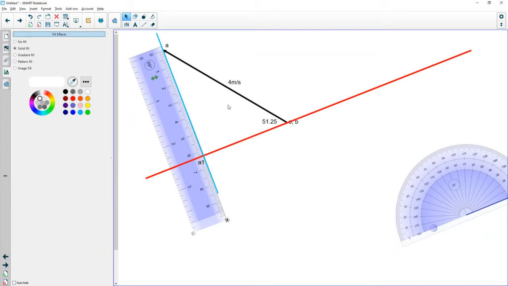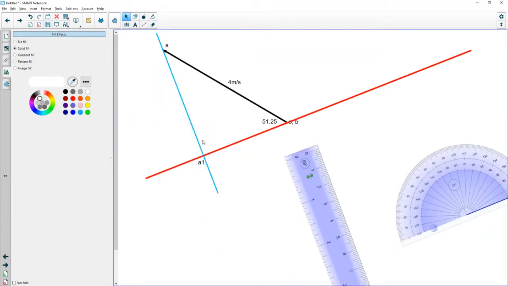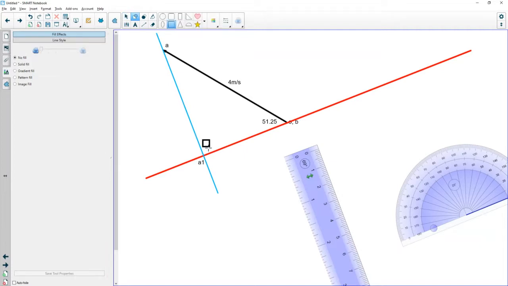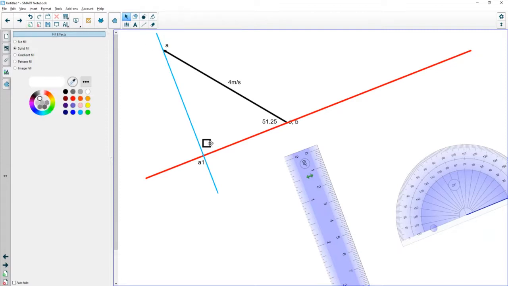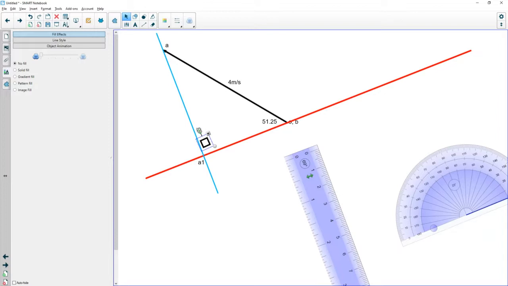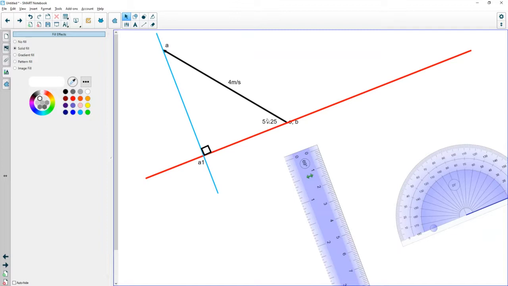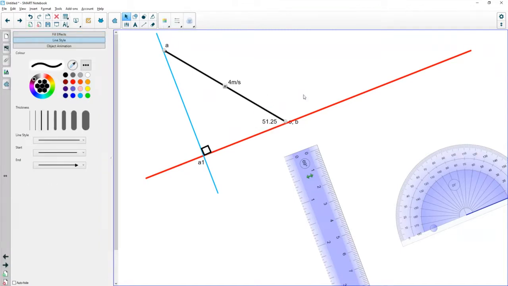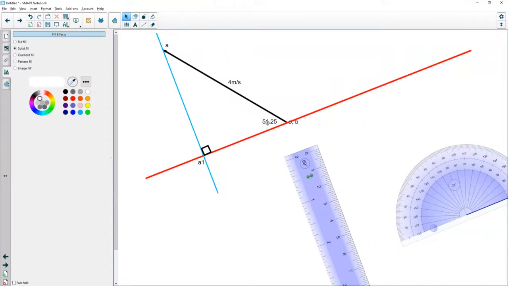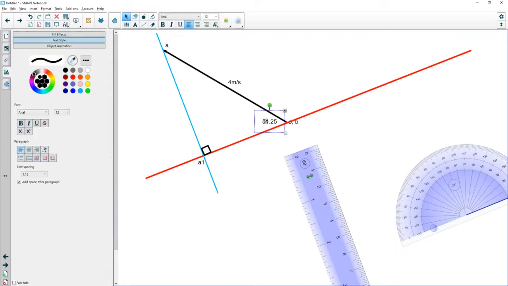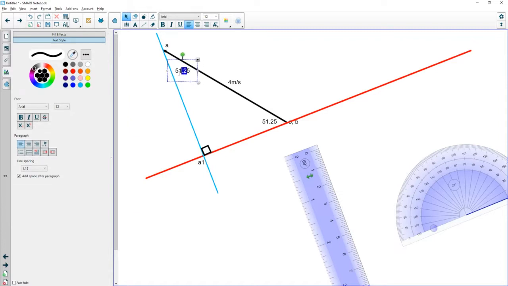Similarly, as I know this angle is 51.25 and I know that this is a right angle, I can determine this angle to be 38.75 degrees.